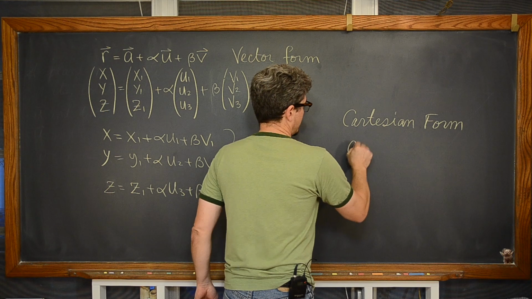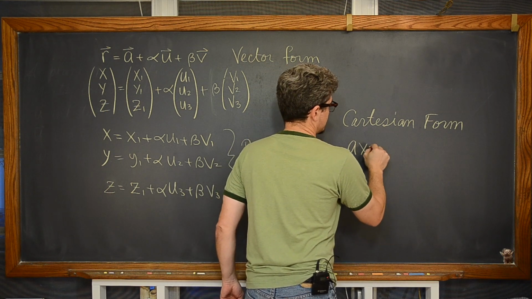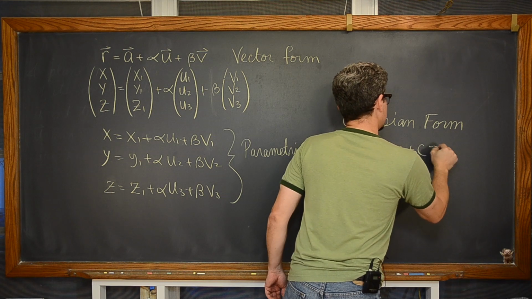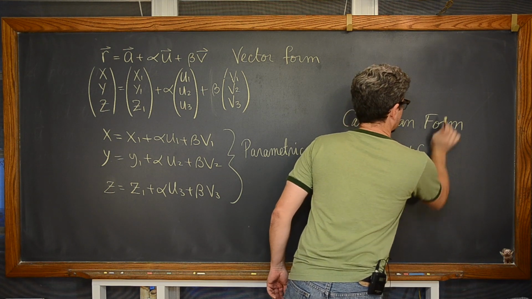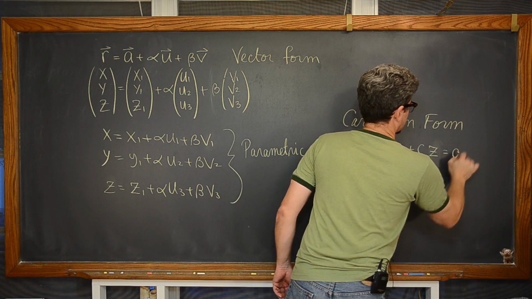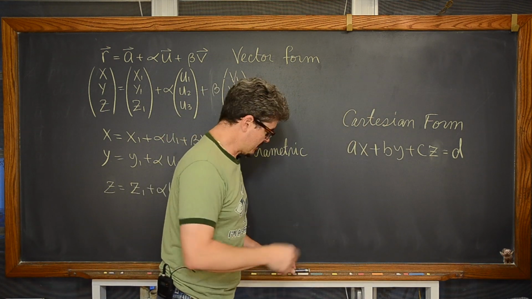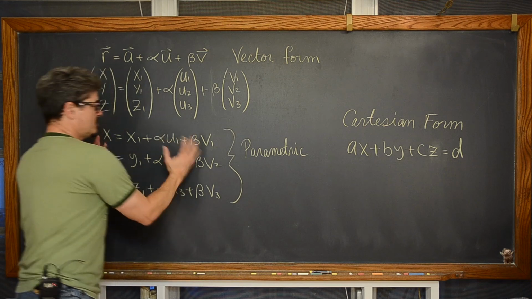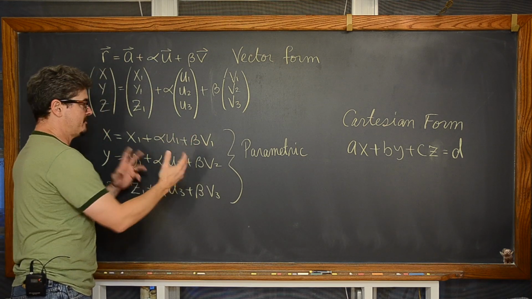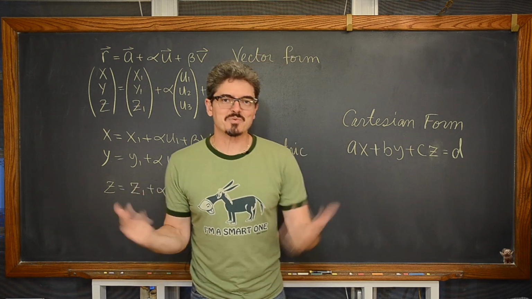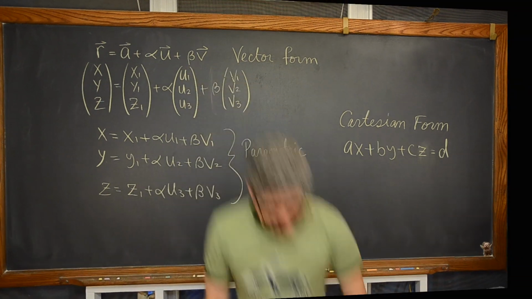We're going to have a times x plus b times y plus c times z is equal to d. And let me just double check that, okay. So we're going to solve a system of equations with three variables and three unknowns to get it into Cartesian form, and that's what you're about to see right now.